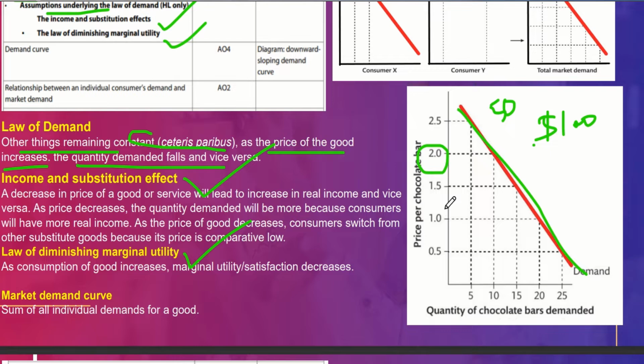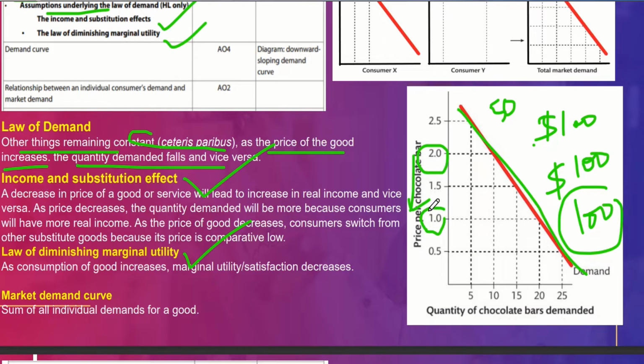And if the price of chocolate comes down to $1, then using the same $100 you could buy 100 chocolate bars. See, the price has decreased, but now your real income has increased. You are able to buy more using the same $100. And vice versa, the opposite also holds.